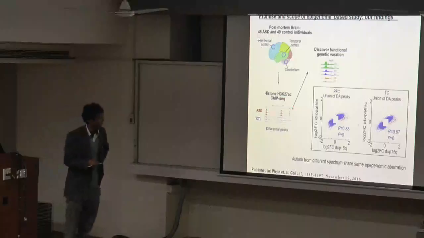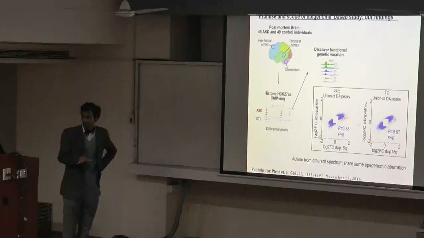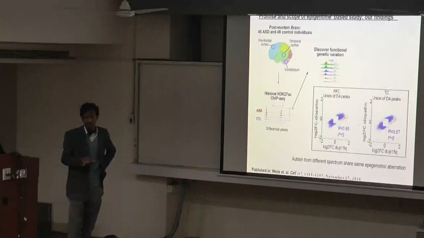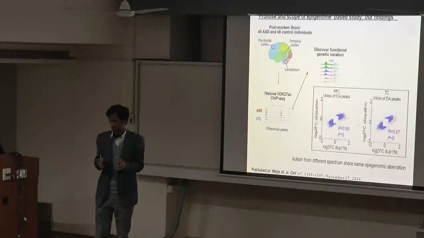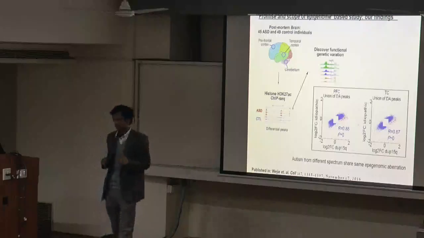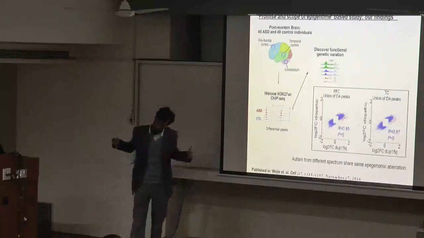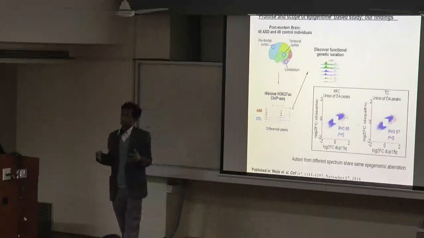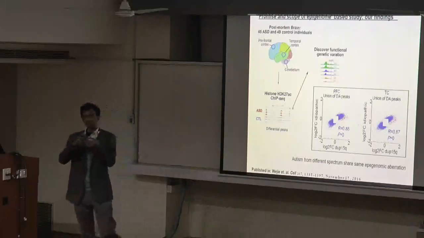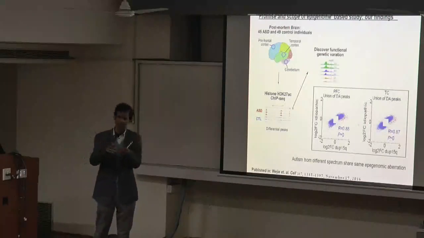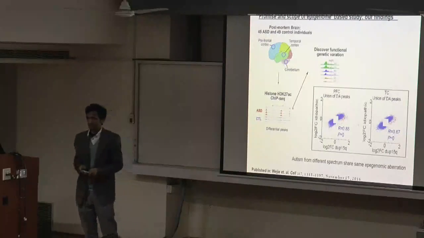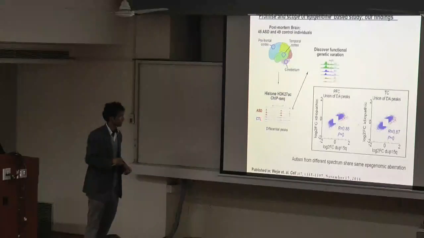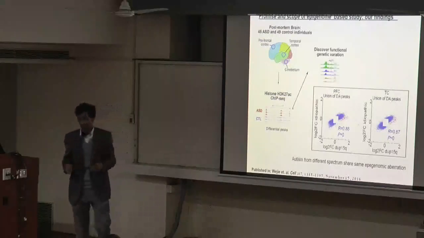Doing the same study using gene expression, RNA-seq, we could not find that many differential genes. What is happening is that noise comes into gene expression data. If a gene is transcribed to RNA, by the time you start profiling, the RNA gets degraded. RNA is also modified after transcription.